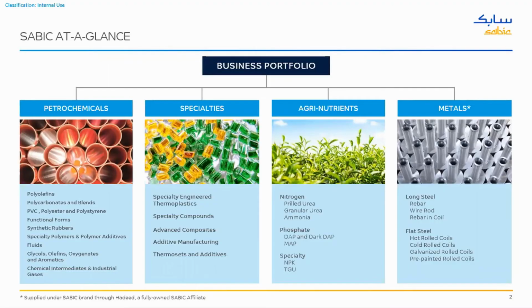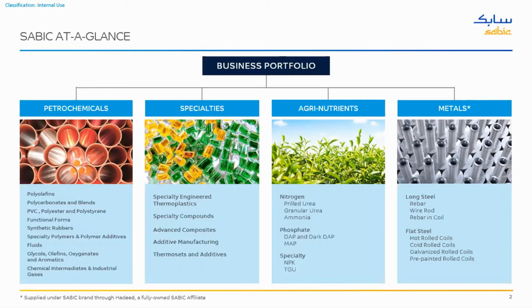But before going to the actual presentation, I'll give you a quick glance about the company where I come from, SABIC. SABIC is one of the world's most diversified chemical business units, headquartered in KSA, Saudi Arabia, and it is spread across the globe. As you can see here, we have four main verticals: petrochemical, specialty, agri-nutrients, and metals.